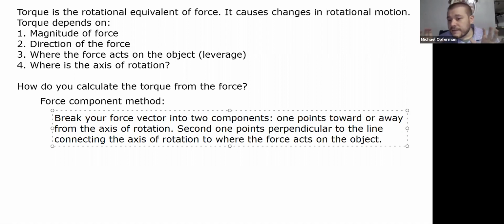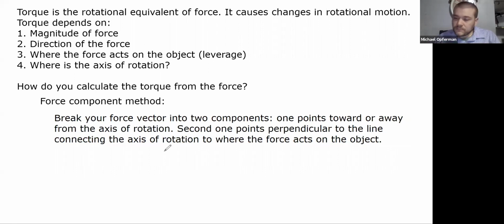So if you can identify these two force components, then the rest of it is easy. The formula is that the torque, this is the symbol we normally use for torque, that's a lowercase Greek letter tau, which looks kind of like a lowercase t, is equal to only the, I call it the tangential component of the force for reasons that I'll explain.